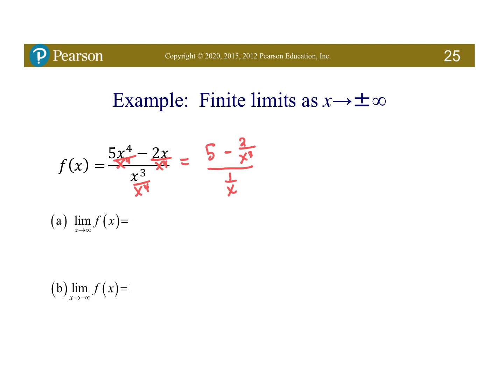So let's put infinity into that. So 5 minus 2 over infinity cubed, over 1 over infinity. So this is 5 minus 0 plus over 0 plus. It's 5 plus over 0 plus.